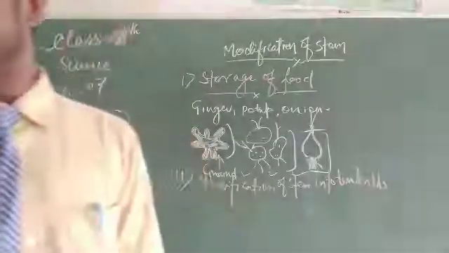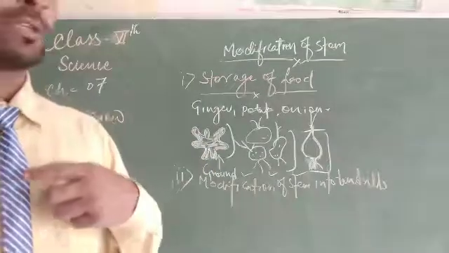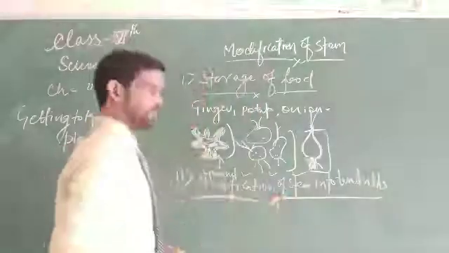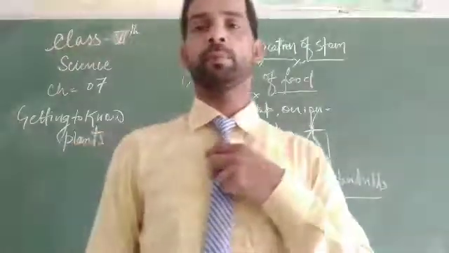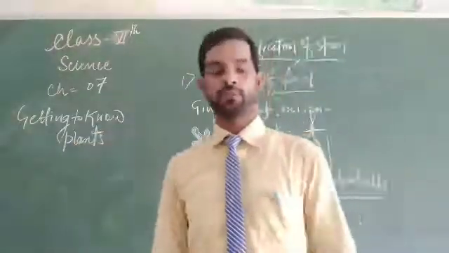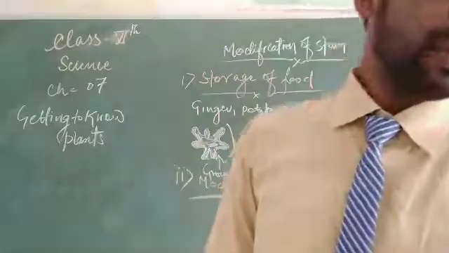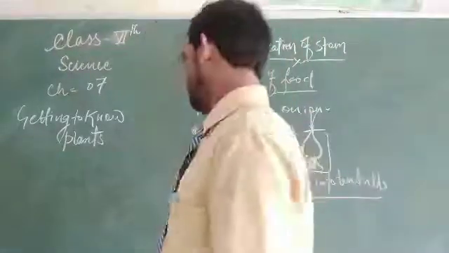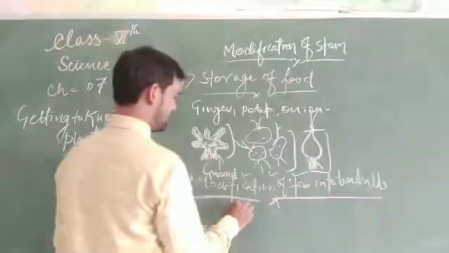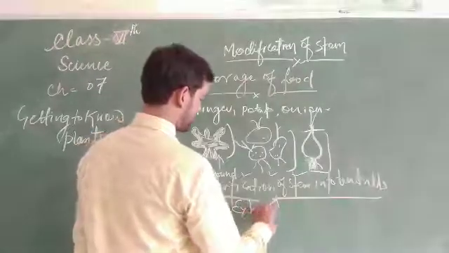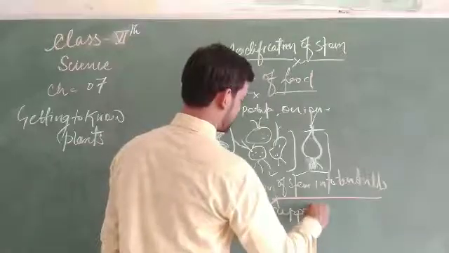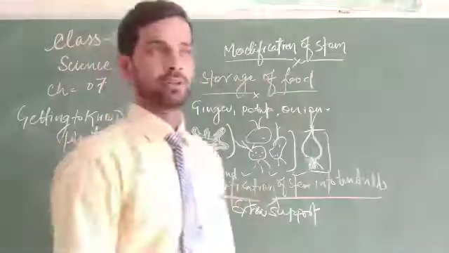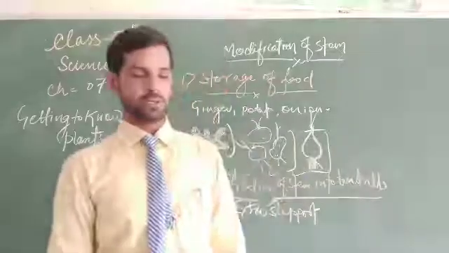When it is changed into a tendril, what is its important function? The tendril is a special function of the stem, and it can provide extra support to the plant for anchoring or for standing purposes.